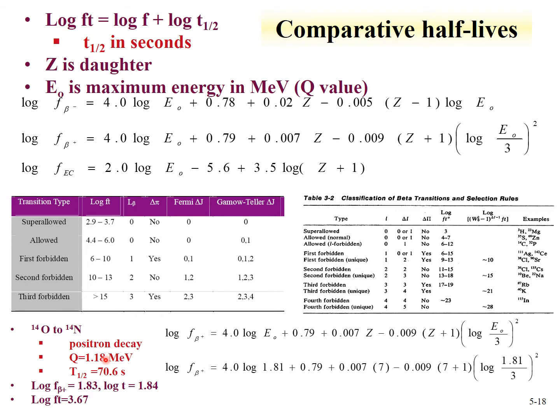The Q value is for the E. I come up with a value of log F beta plus of 1.83. T is 70.6 seconds. Log of that is 1.84. I get a log Ft value of 3.767. And that fits into a super allowed category, or over here, a super allowed between an allowed category. So from this transition, we would see that this is a fairly allowed decay.